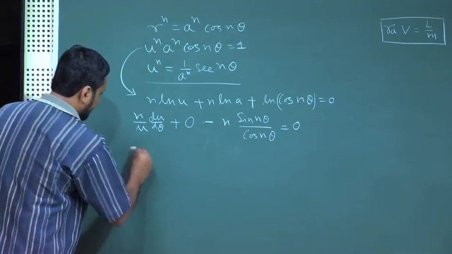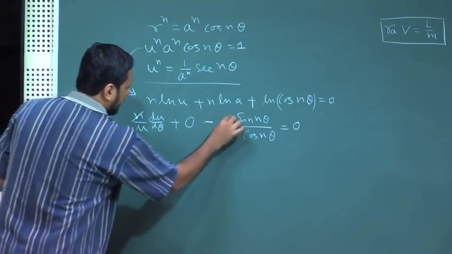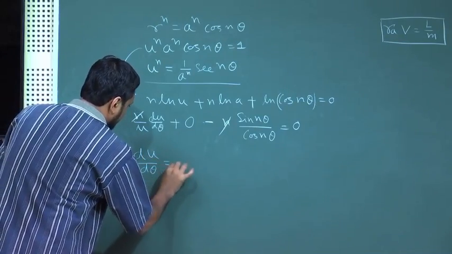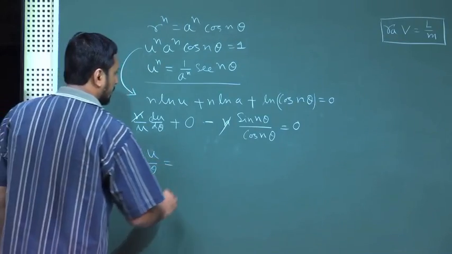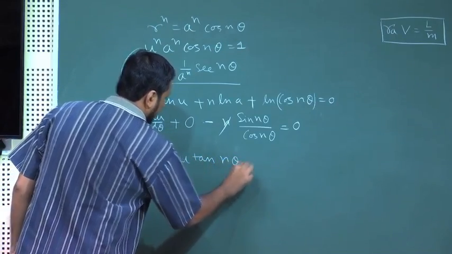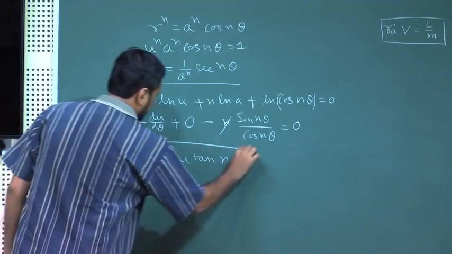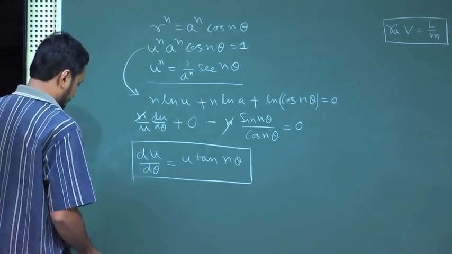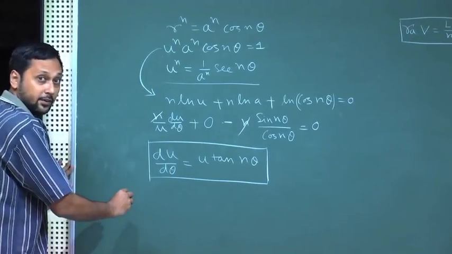So you see this n will go off, and we can write du/d theta is equal to u tan n theta. This is one equation which is very useful. Now, we have to compute the second derivative of u.